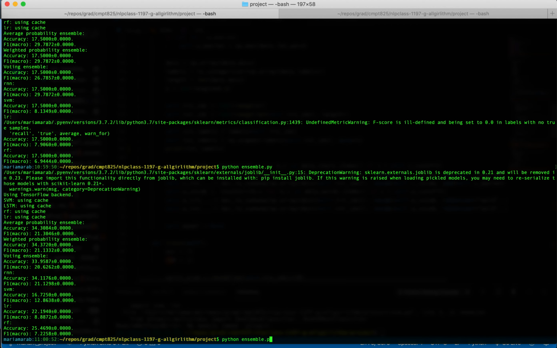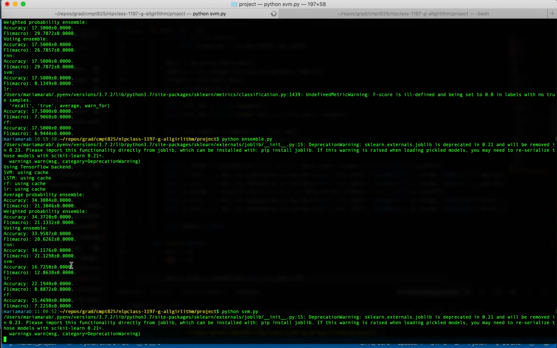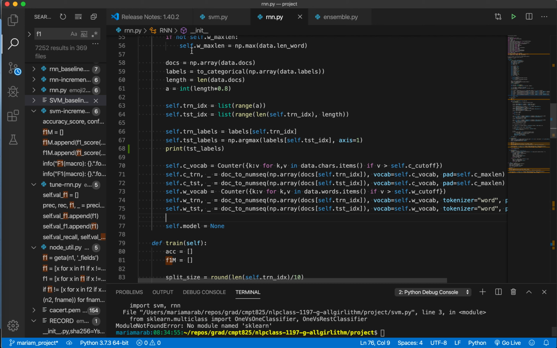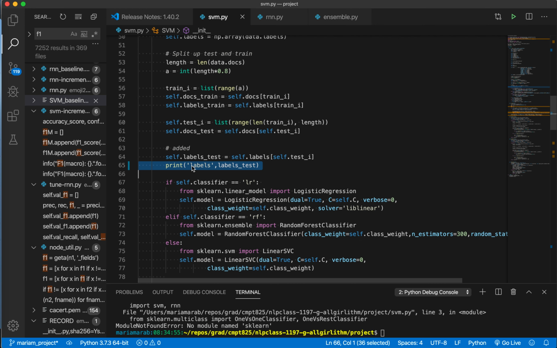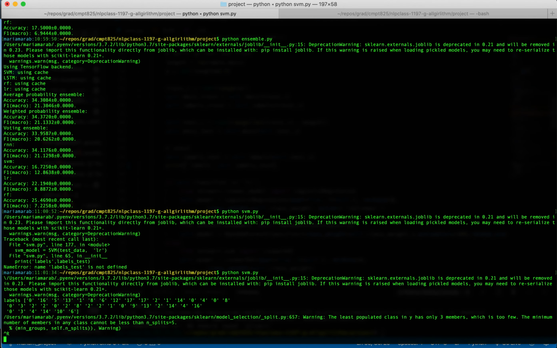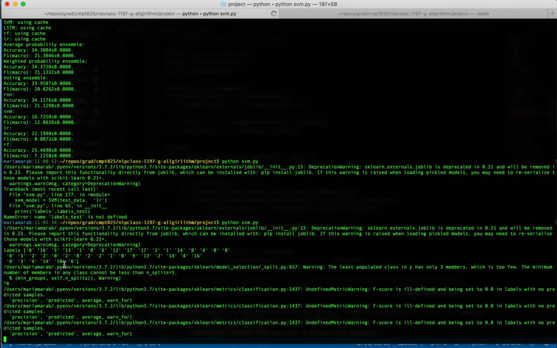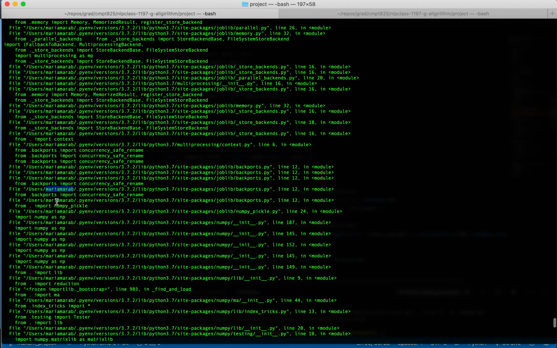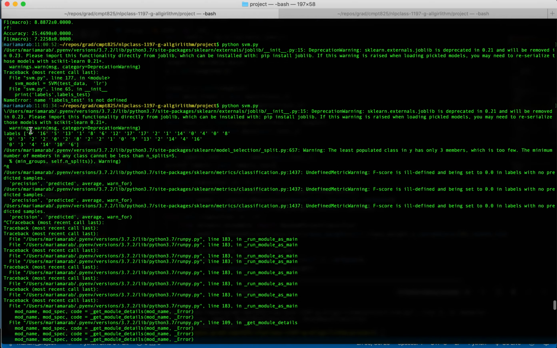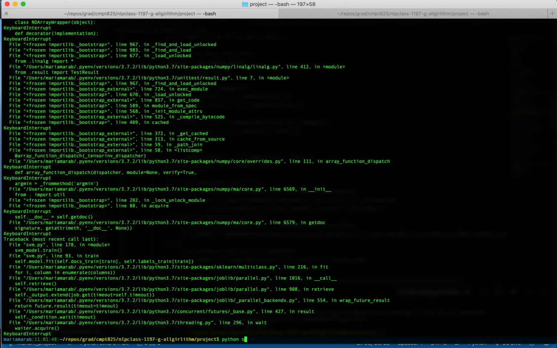So just to prove that the test sets are the same, if I were to print out self. So you get 0, 16, I'll just cancel this because it's not important. Okay. 0, 16, 5, 13, 1, 8, and we get the same for the RNN.